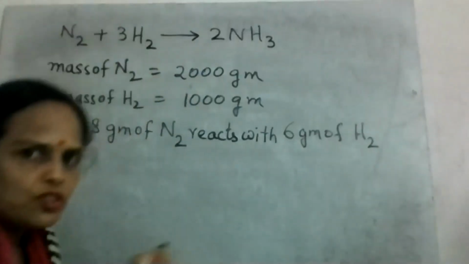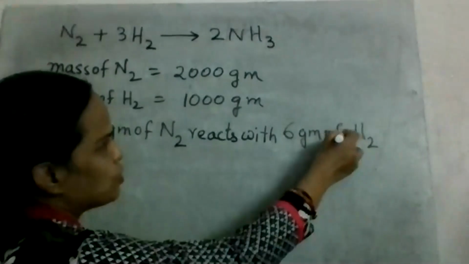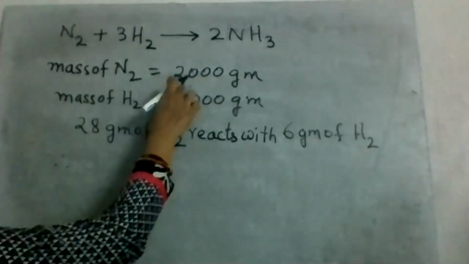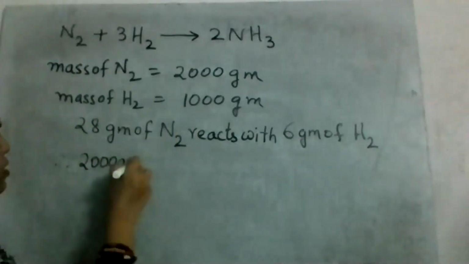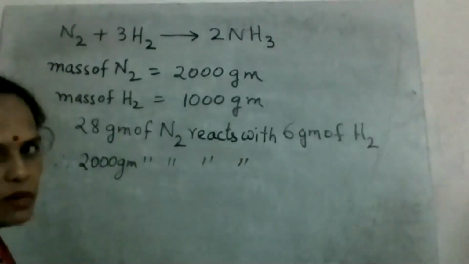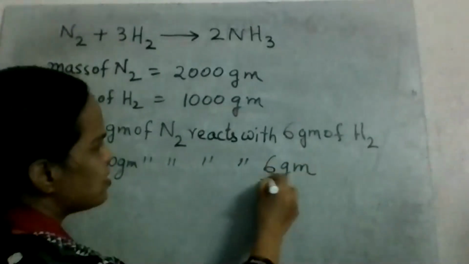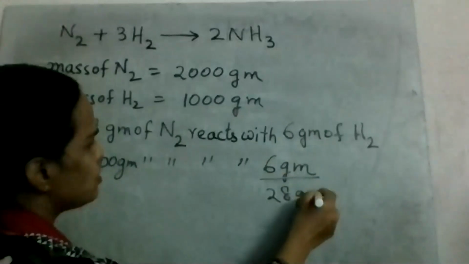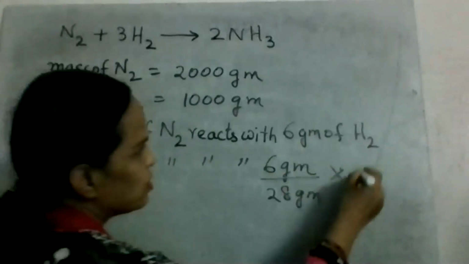Therefore, the nitrogen given, 2000 grams of nitrogen, will react with how many grams of hydrogen? That you need to find out. So I'll write the unitary method again: 6 grams divided by 28 grams into 2000 grams.